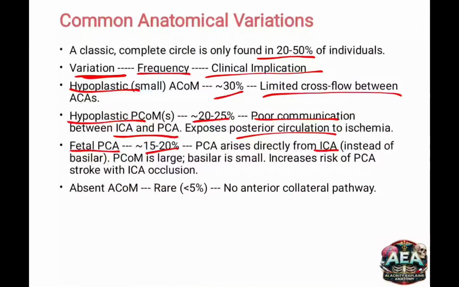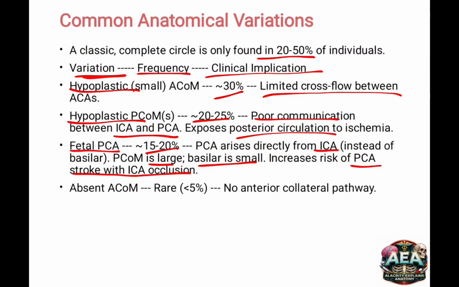So we call that a fetal posterior cerebral artery, arising from the internal carotid artery instead of the basilar artery. So this posterior communicating artery is large. In this situation, it is large, making the basilar artery what? Small. It increases risk of posterior cerebral artery stroke with internal carotid artery occlusion.